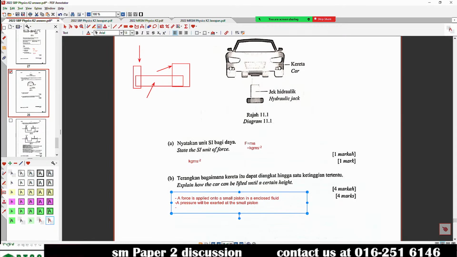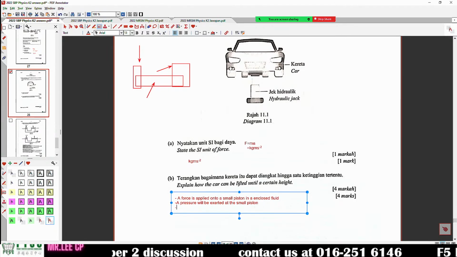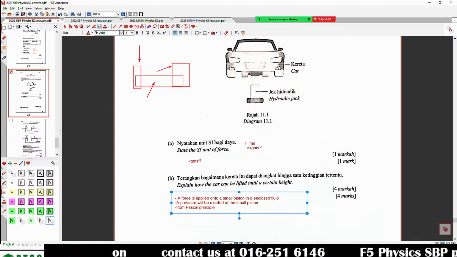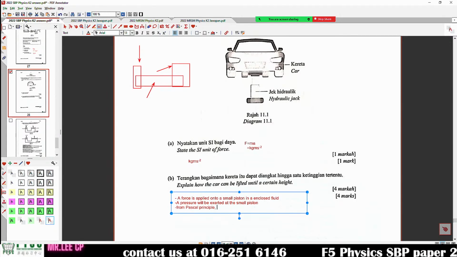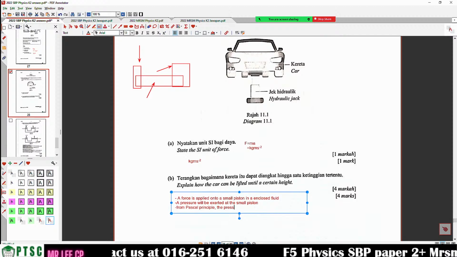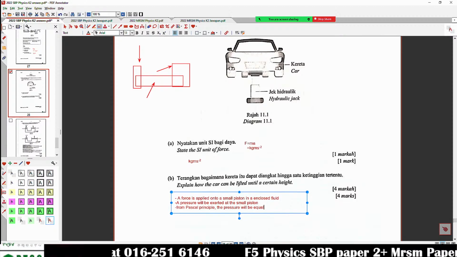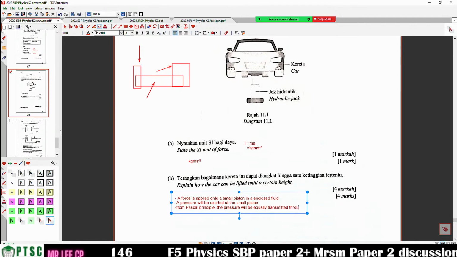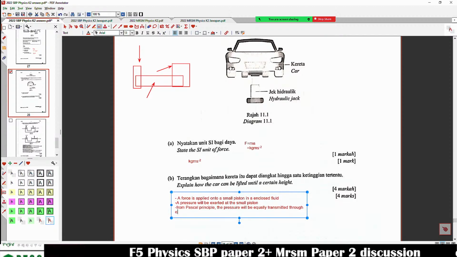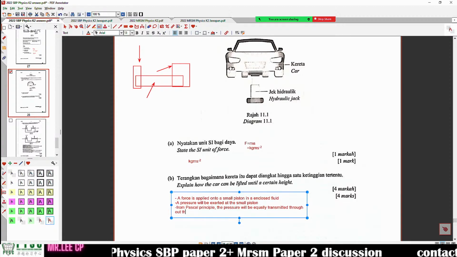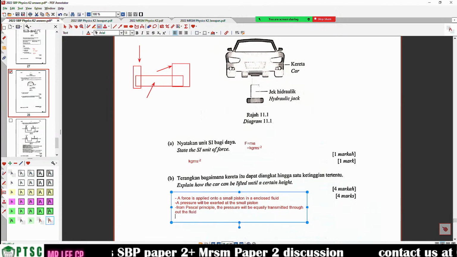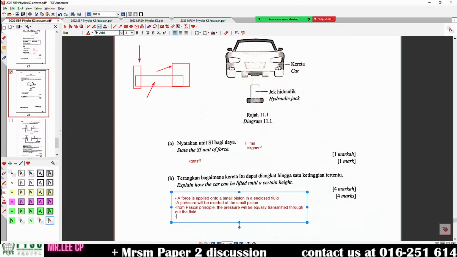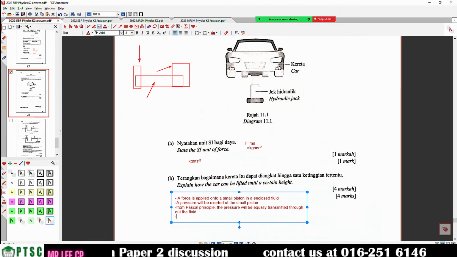So according to the Pascal principle, the pressure will be equally transmitted throughout the fluid.